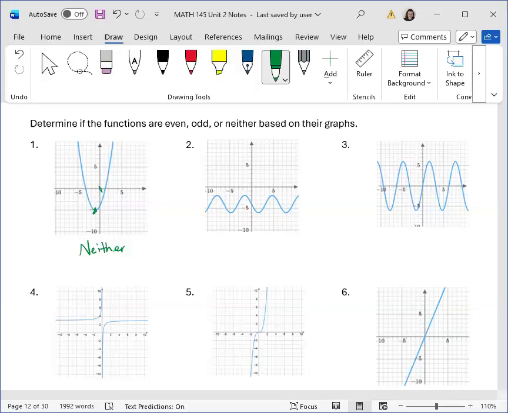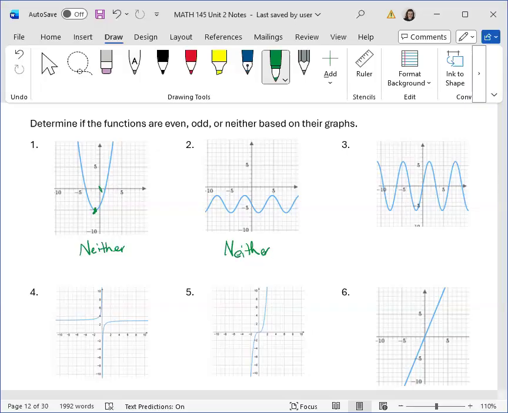Okay, a similar thing happens with number 2. If I were to fold on the y-axis, the left side is not going to match up with the right side. And if I look at the origin and I rotate that 180 degrees, it's not going to match up with itself. So this is, again, neither the way it is right now.